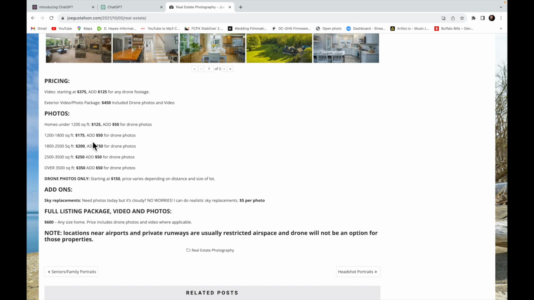Now, if I'm doing just drone photos only, down here, starting at $150, and I suggest you have something like that, where you're starting at a certain price. Depending on how big the property is, you might go out to a property and deliver just 3 to 5 images, whatever, you can charge.